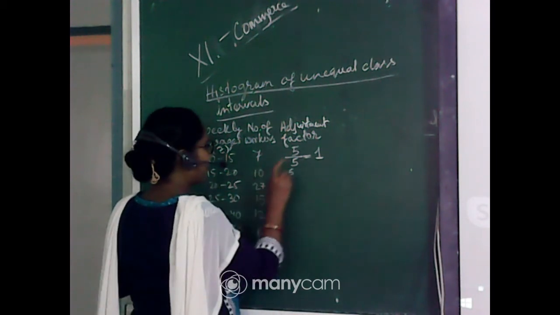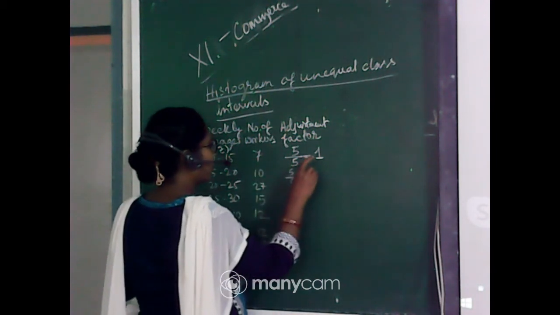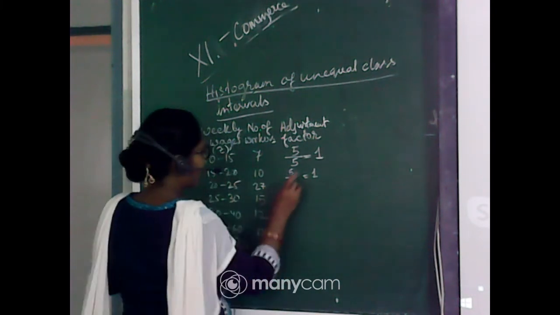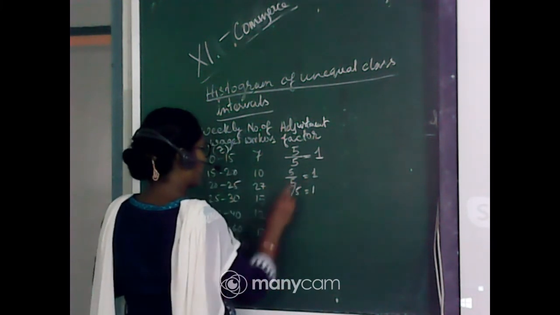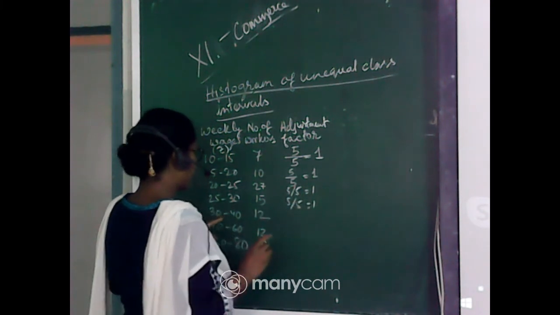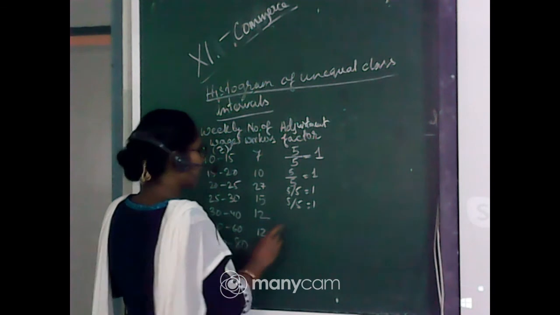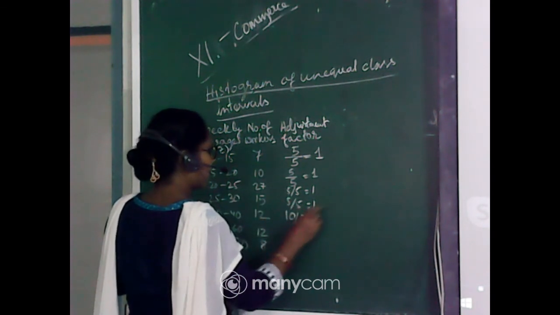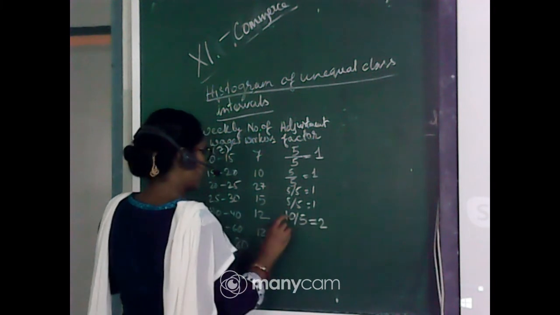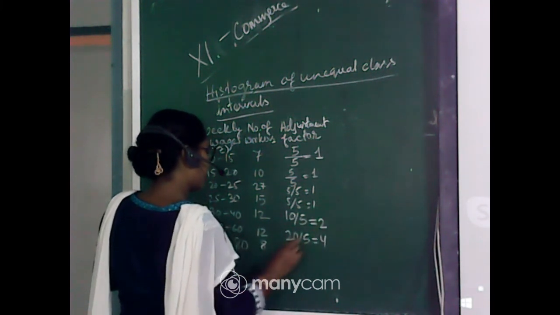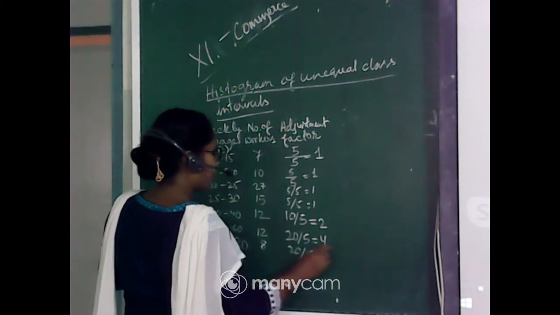Again 5 divided by 5 is 1, 5 divided by 5 is 1. Next, 30 to 40, 10 divided by 5 is 2. Next 20 divided by 5 is 4, and 20 divided by 5 is 4.